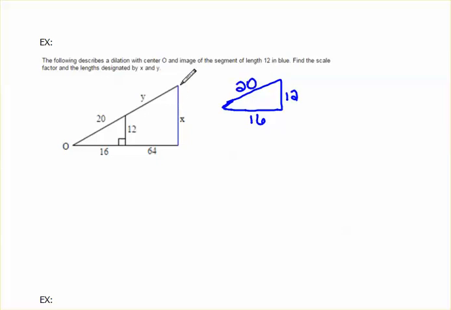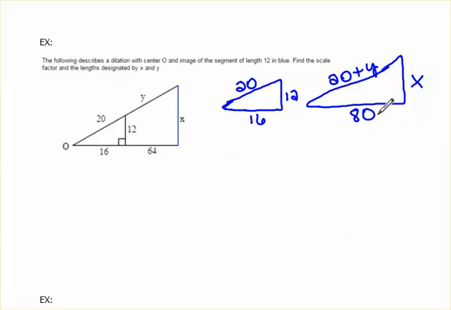And then the image, it's blown up to make this larger triangle. And this larger triangle has this side x. This side is 20 plus y because we'd have to add both of those together to get that side. This bottom side here is going to be 16 plus 64, which is 80.